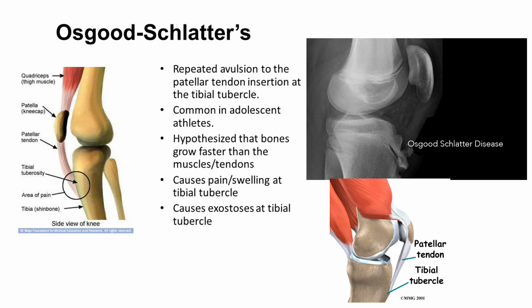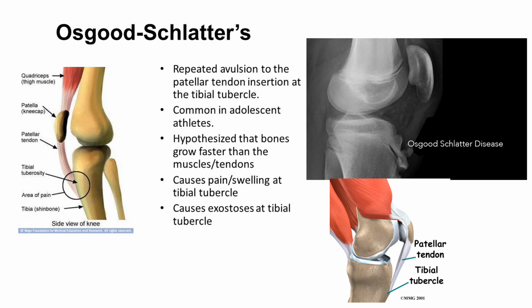This is a condition in young adolescent athletes, usually from repeated trauma of the knee. Specifically, the repeated avulsion of the patellar tendon insertion at the tibial tubercle. So it causes pain and swelling at the tibial tubercle.